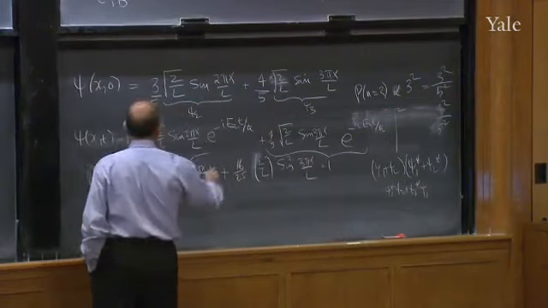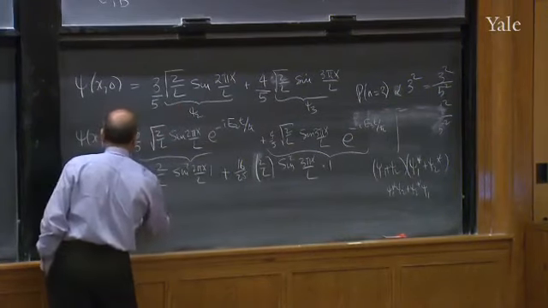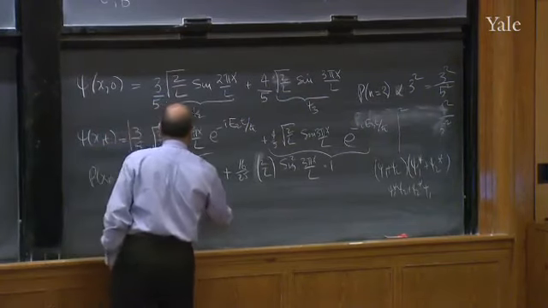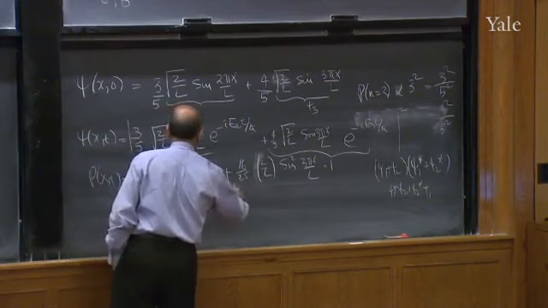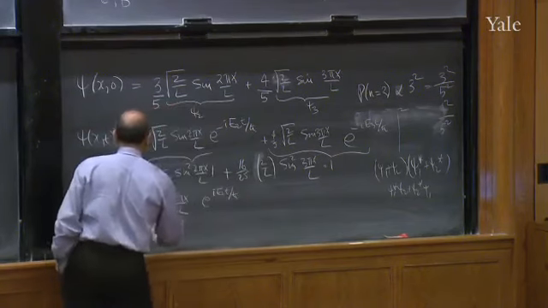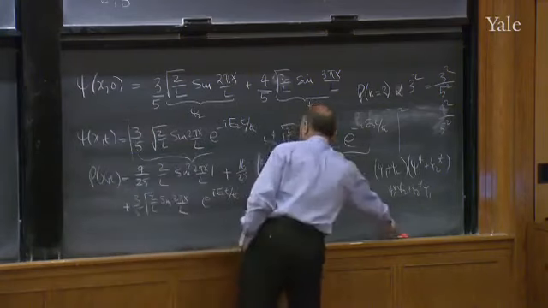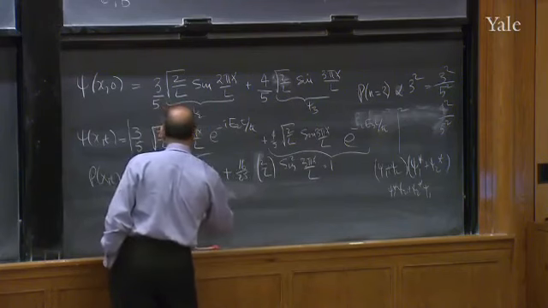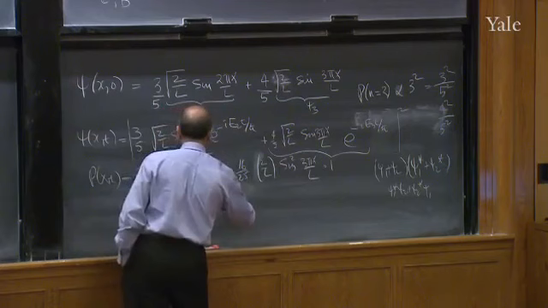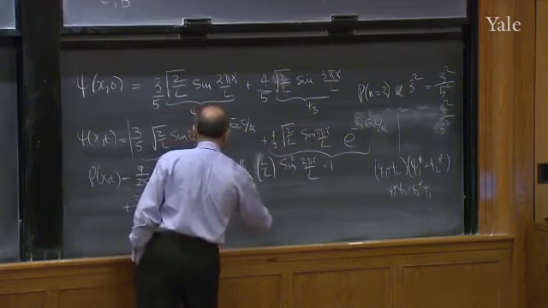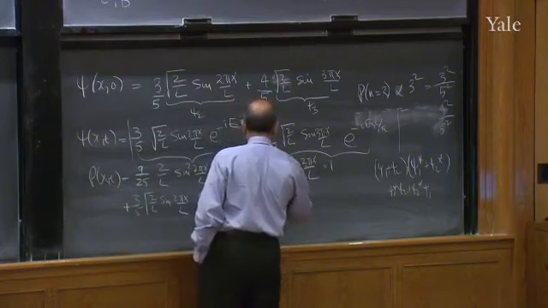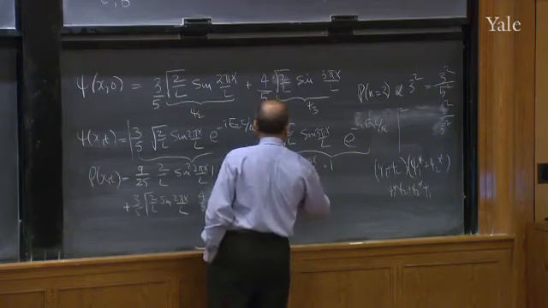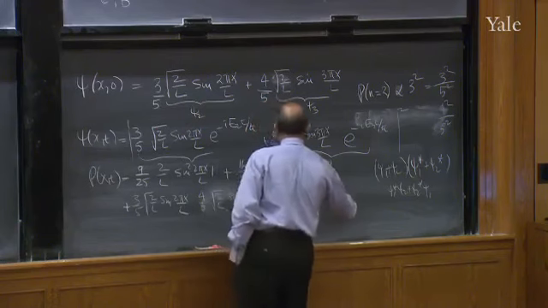If you take psi 1 star psi 2, you will get 3/5 square root of 2/L sine 2 pi x over L times e to the plus i E2 t over h bar, times 3/5 times 4/5 and square root of 2/L sine 3 pi x over L times e to the i (E2 minus E3) t over h bar, plus one more term.